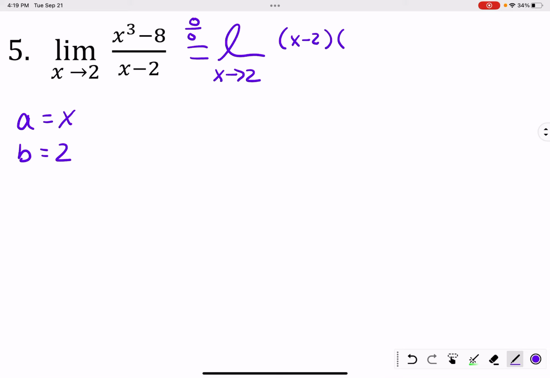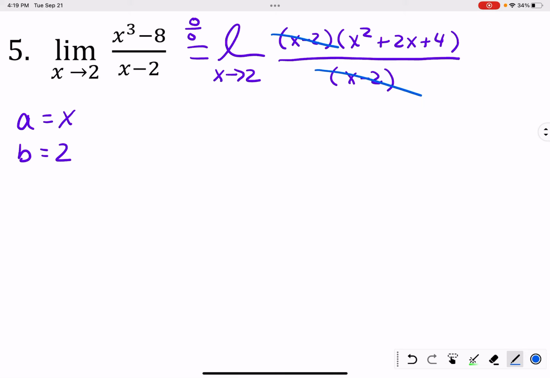As you can anticipate, because this is an academic calculus problem, these factors will cancel, so we get rid of the discontinuity. Now we can plug in, and we're going to be happy. So let's plug in the limit, which is 2. We're going to do 2 squared plus 2 times 2 plus 4, which gives you 4 plus 4 plus 4. Don't make any Wendy's jokes, and that total is going to be 12.